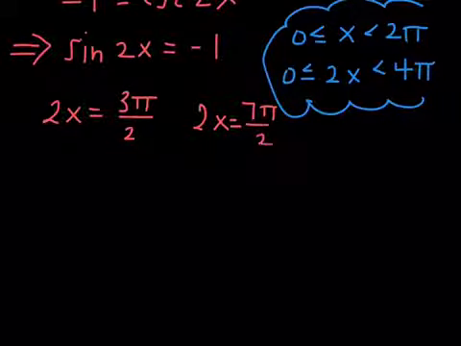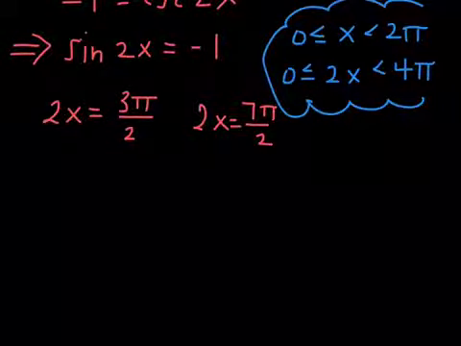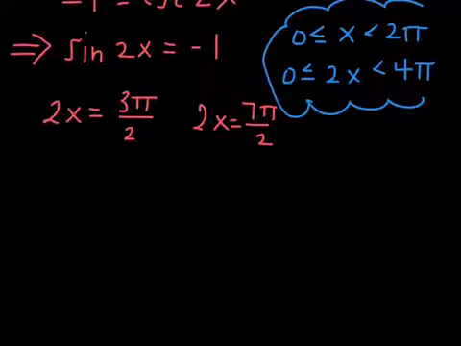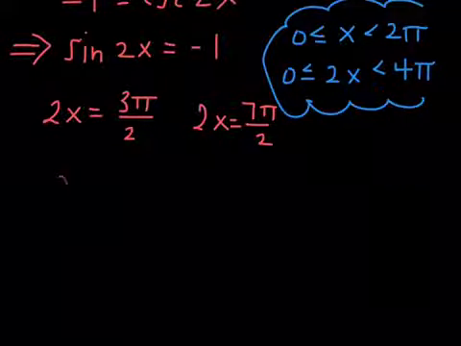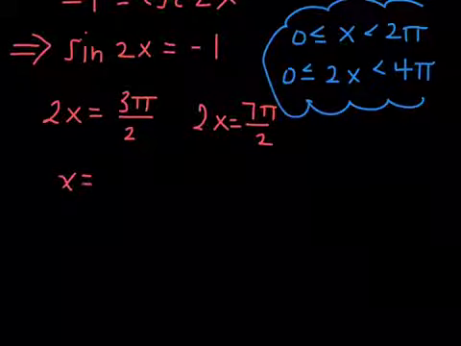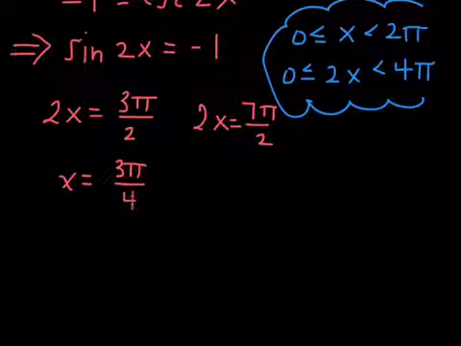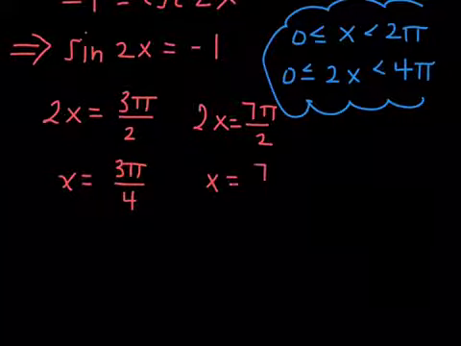Those are the two solutions between 0 and 4 pi. Now, a little arithmetic: when you divide both sides by 2, which is the same thing as multiplying by 1/2, this becomes x is equal to 3 pi over 4, and the other becomes 7 pi over 4.